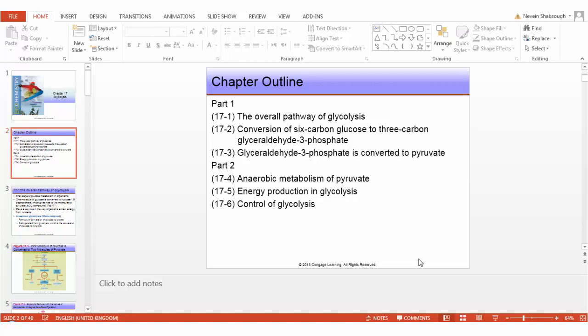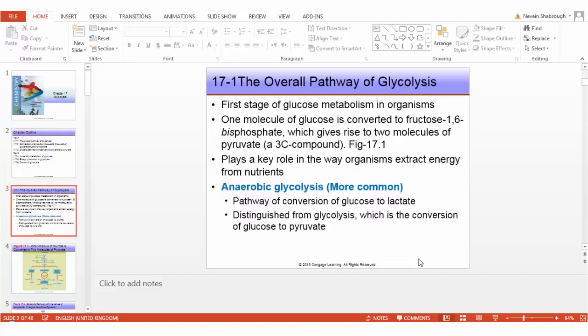Because it is the first stage of metabolism from bacteria to humans, where 1 molecule of glucose is converted to 2 molecules of pyruvate, passing through the formation of a compound called fructose 1,6-bisphosphate. Of course, this plays a role in the way organisms take energy from nutrients.